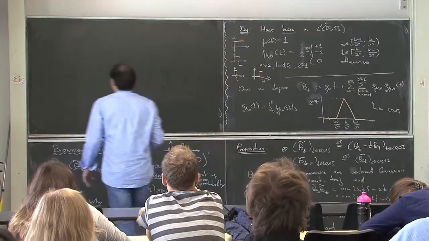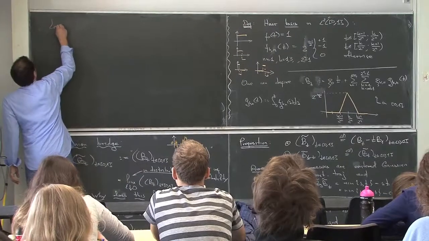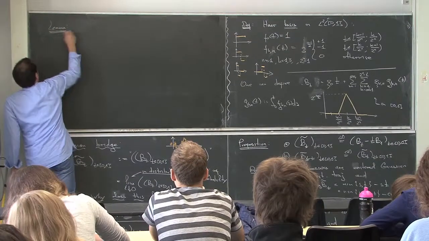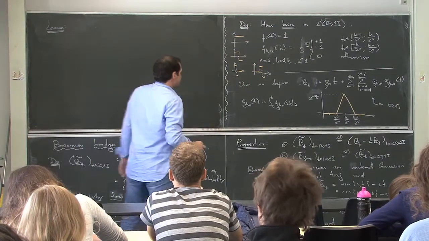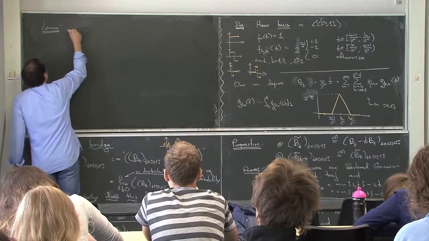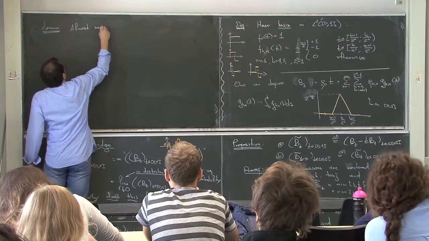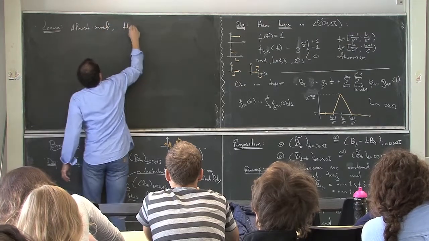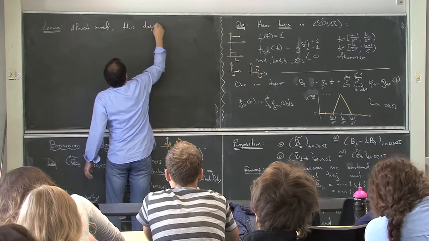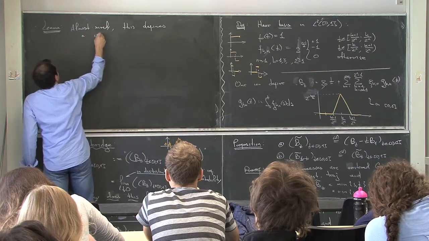So there is a simple lemma which says that almost surely this defines a continuous function on 0, 1.